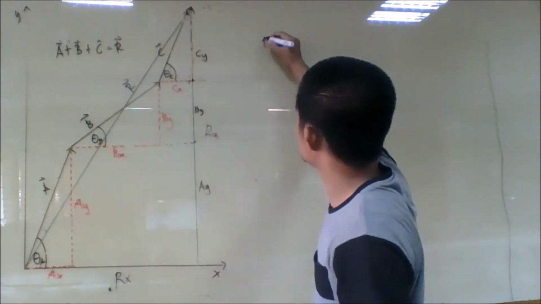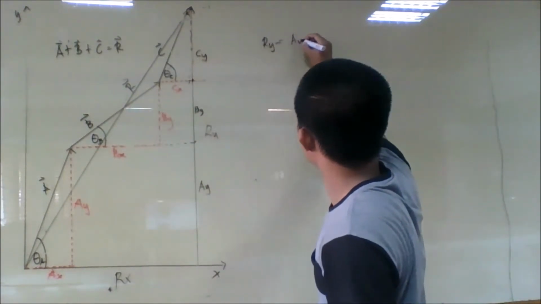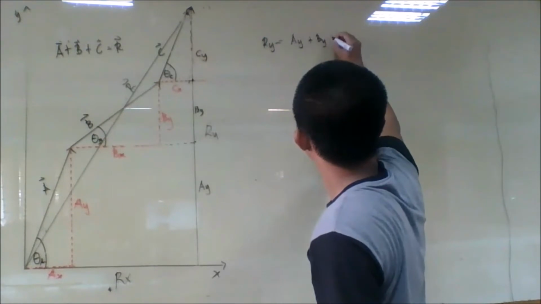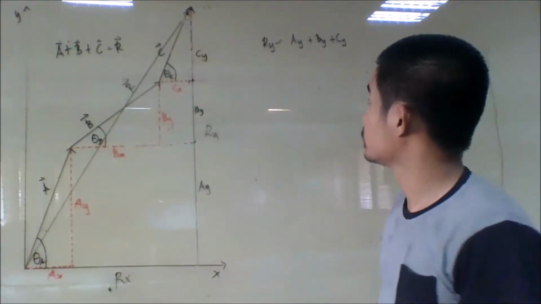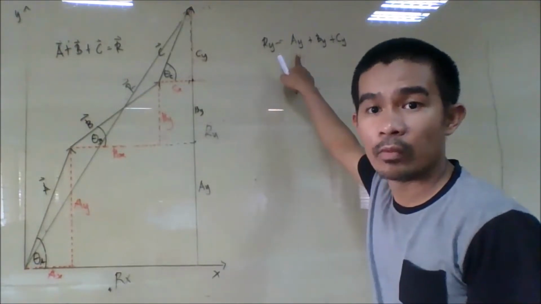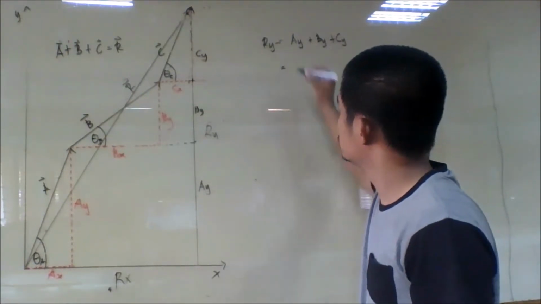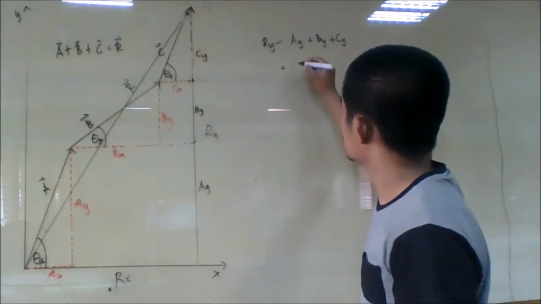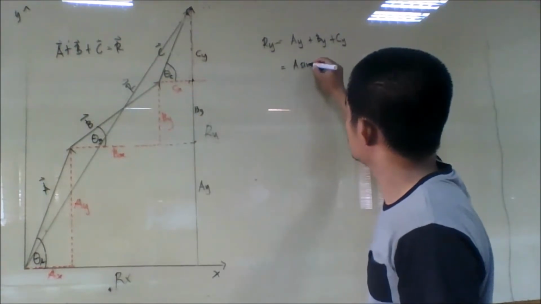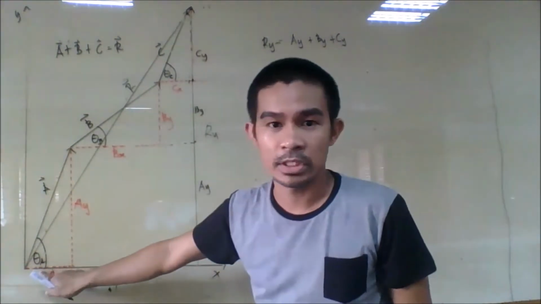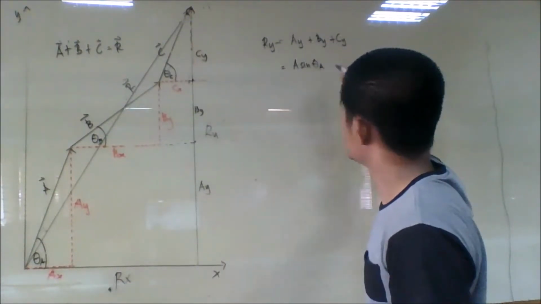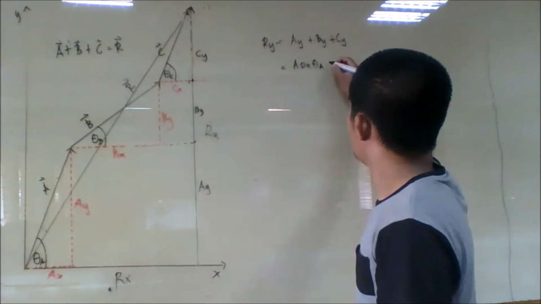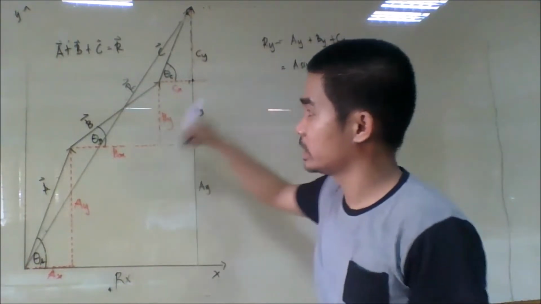Let us write R of y equals A of y plus B of y plus C of y. Right? And what is this A of y? A of y is the magnitude of vector A, sine of its direction, which is theta of A, plus what is this B of y?